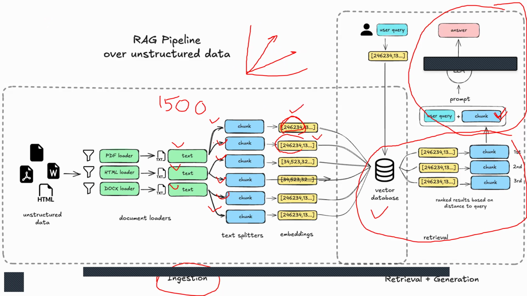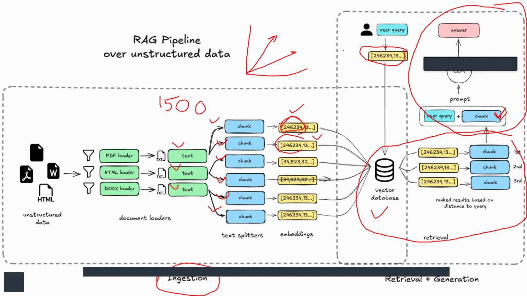They are put in my vector database. And now when the user asks any question, that question is also converted into an embedding, using the same model which I used for creating embeddings of my text. If I use a different model, what will happen? A different kind of embedding will be created, and then I cannot do similarity search, right? So the embedding model used for the queries should be the same as what I used earlier.